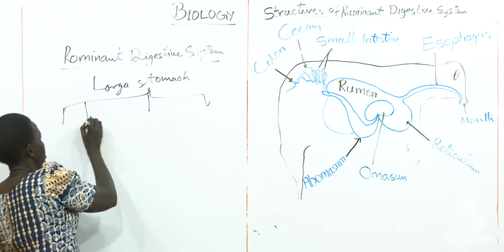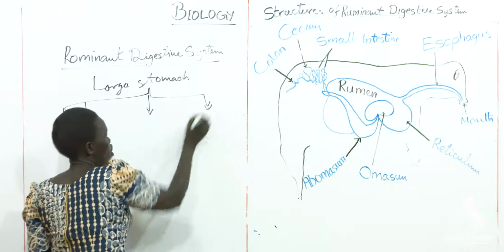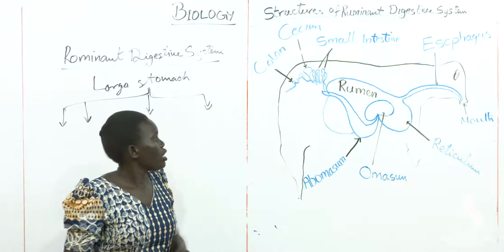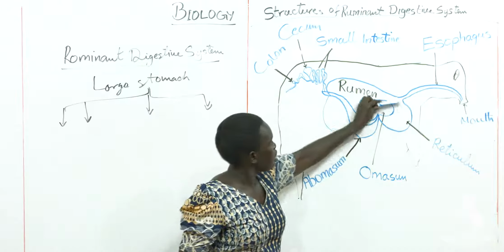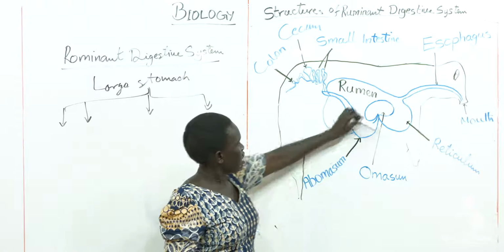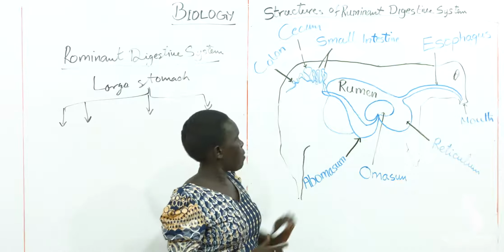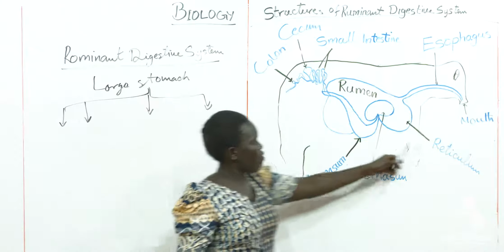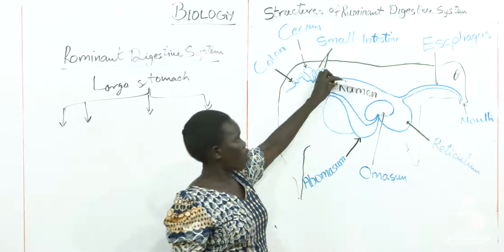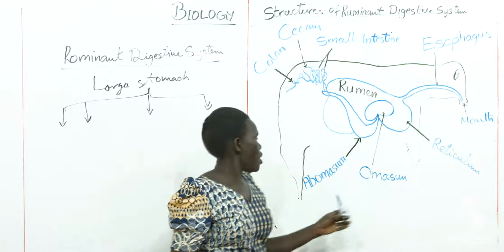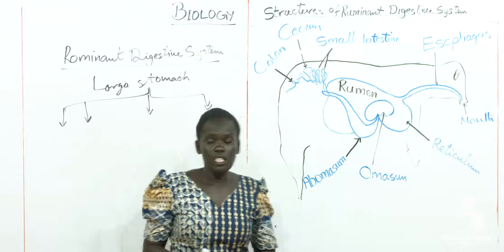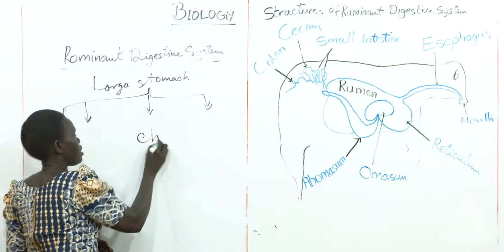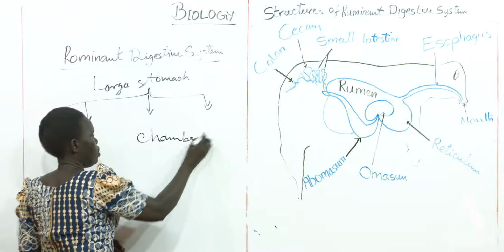When we say chambers, we mean rooms. Like in this diagram here, this is the stomach as a whole, but it is divided into 4 chambers, that means 4 rooms. The first one is reticulum, then rumen, omasum, abomasum. These are the chambers, or rooms.